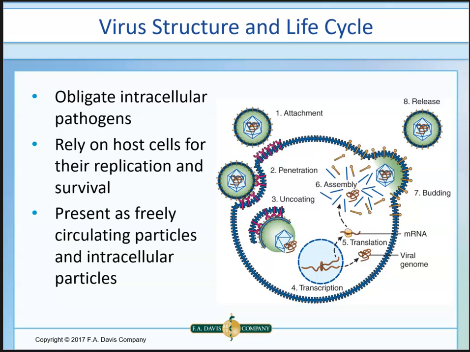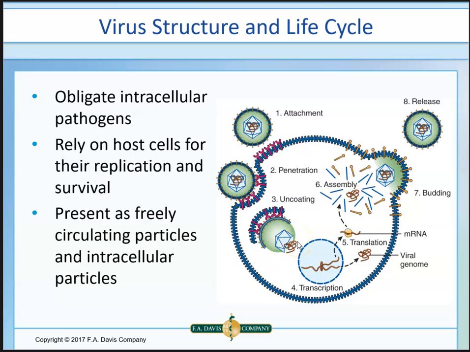You're just looking at the basic pictures here. Step 1 is the actual attachment of the virus, where it attaches to the receptor on the host cell. Now it is penetrating into the host cell, usually by some type of phagocytosis or some other mechanism. Once it gets in there, it uncoats itself, so the viral capsid degrades, and then it releases the nucleic acid inside of the host cell.